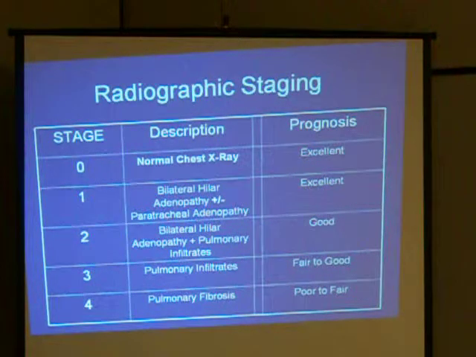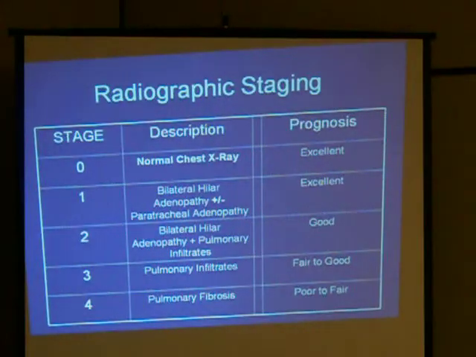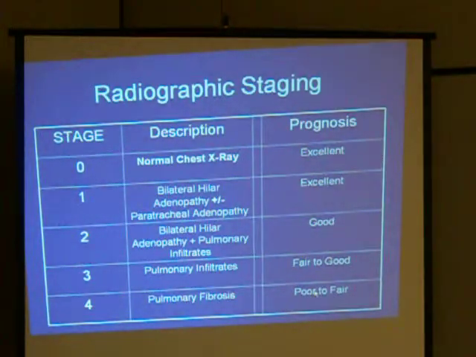Prognosis, it says excellent here, at least from the lung point of view. Bilateral hilar adenopathy, paratracheal adenopathy, excellent. And we'll talk about that in a second. Then you've got stage 2, which is the adenopathy plus the interstitial, and this is the bad stuff. You get a patient with stage 4 sarcoidosis, often the prognosis is really not good.